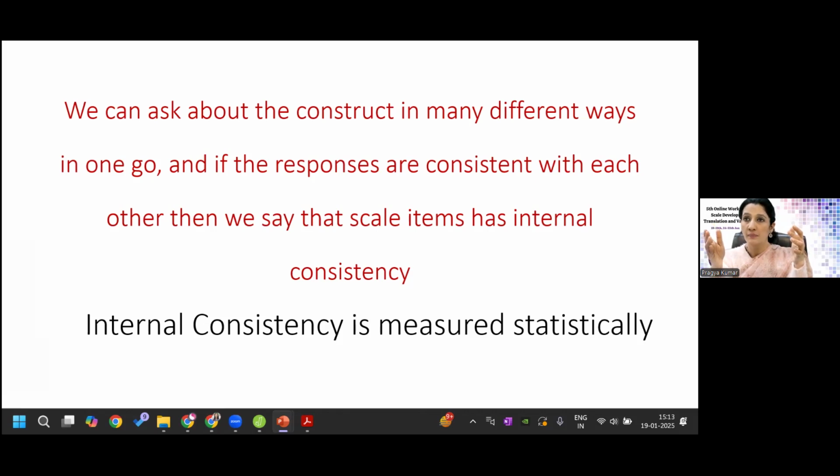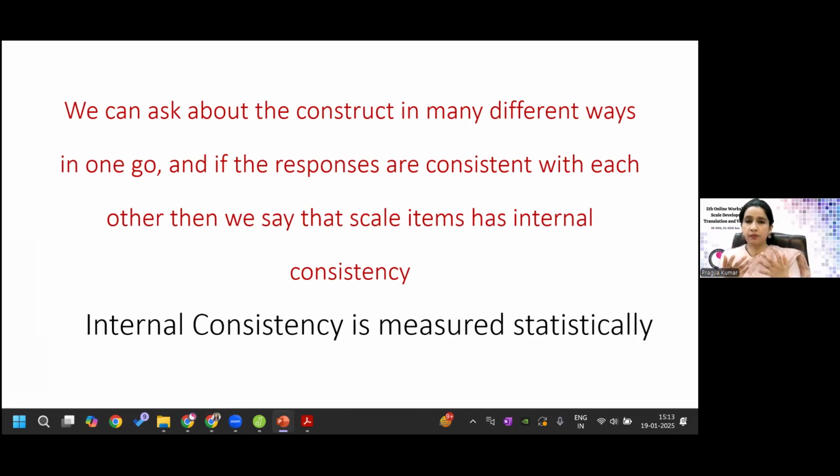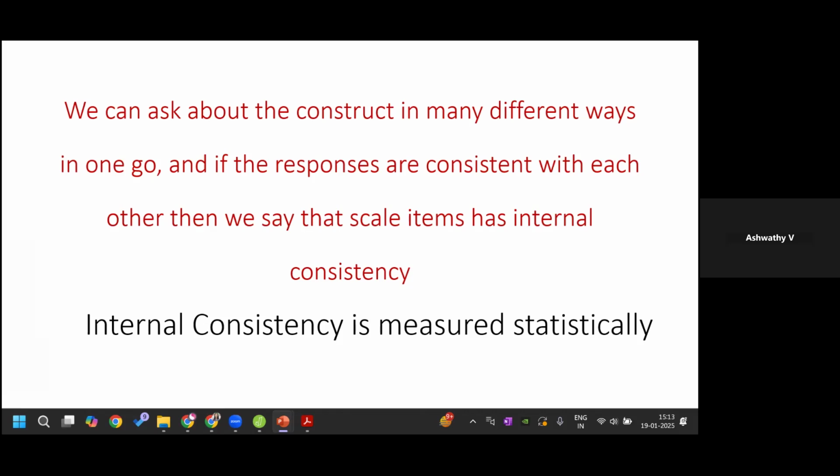Because the population changes, the response will change. Internal consistency means how I am perceiving that question and how I am answering. So if the population is changed, internal consistency is never fixed. If you change the population, this value of Cronbach's alpha will change. That's why you should report it.